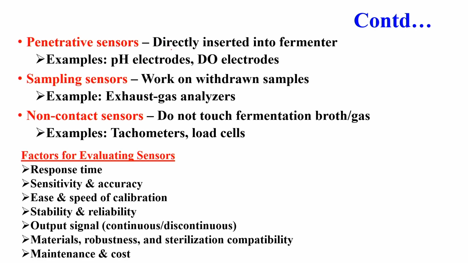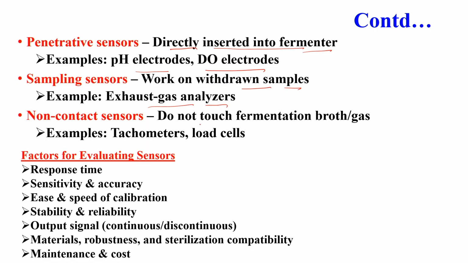As I told, particularly in the case of inline sensors, they are directly inserted into the bioreactor, for example, pH electrode, dissolved oxygen electrode. Sampling sensors work on a withdrawn sample, you take out the sample, for example, the exhaust gas analyzers.